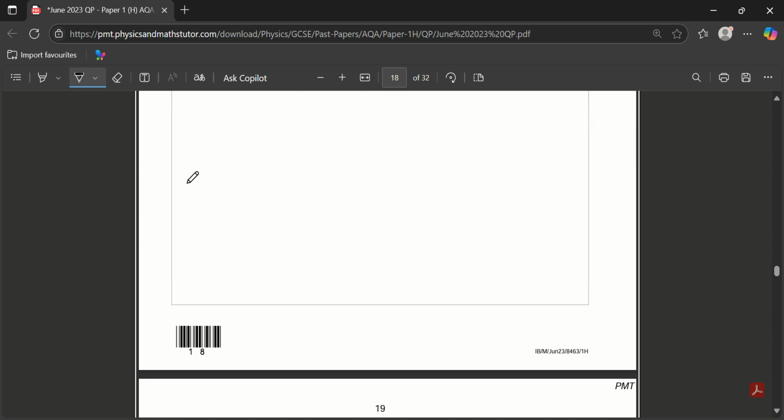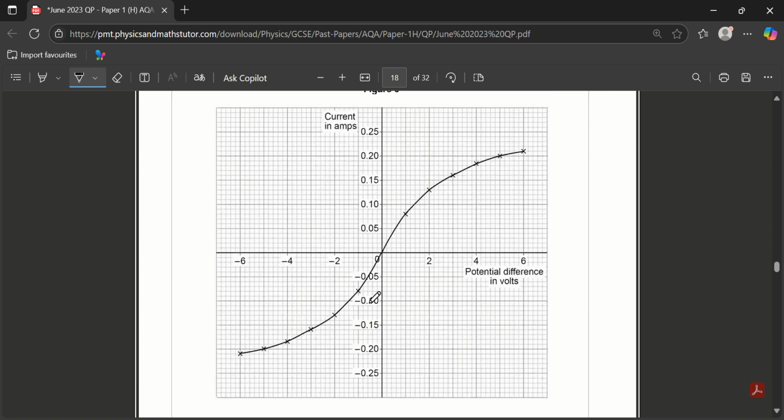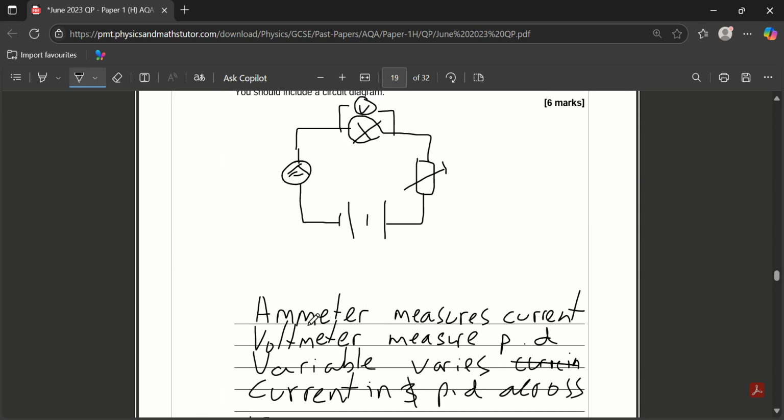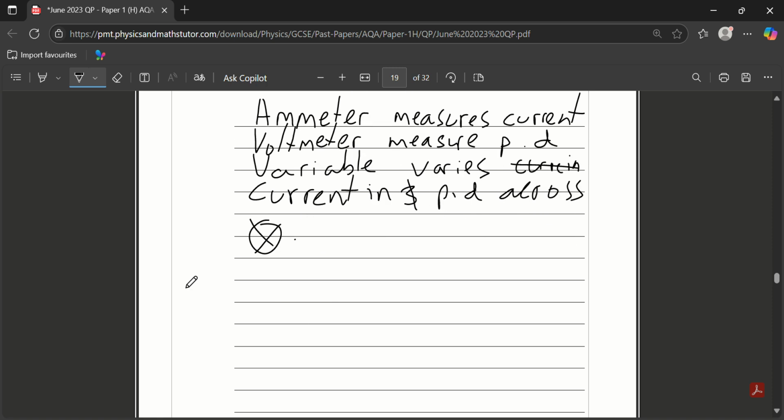To get the negative values on this graph though, we're going to have to reverse the connections to the power supply. So let's write that down.